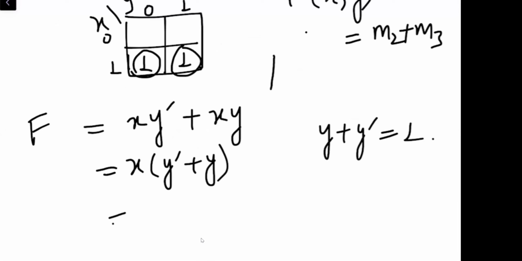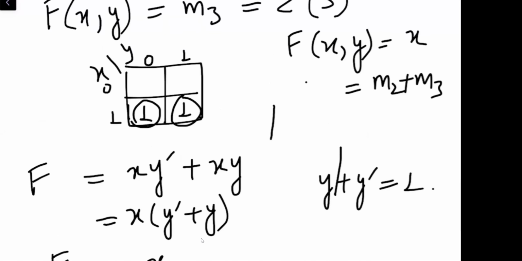So this means the function is equal to x only, right? Are you with me? Yes, sir. And therefore in the start I have written the function xy is equal to x, right?